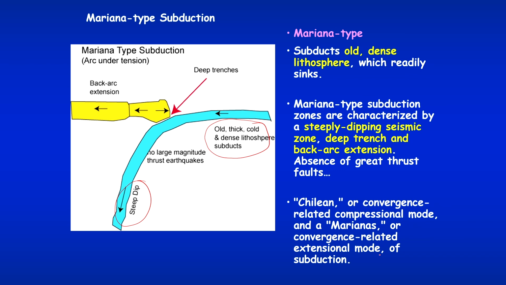So, Chilean is the convergence related to compression mode, and Mariana type is the convergence related to extensional mode. This is another thing we see, because what we have seen here is that this area in your Chilean type shows bulging, but here you see an extension because of the rollback of this region related to the steep deep dip of the subduction.